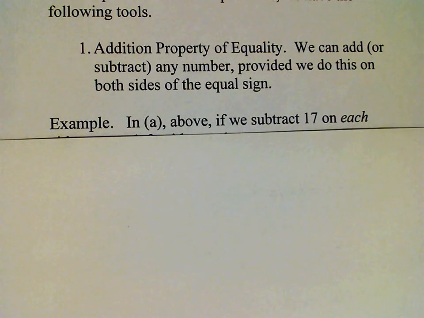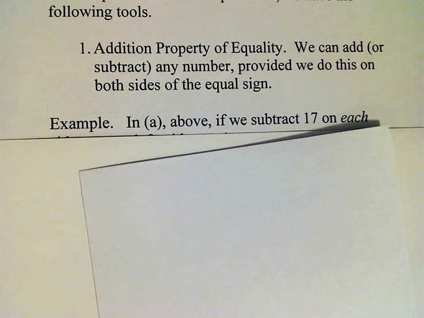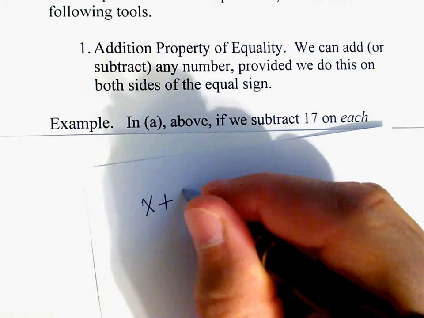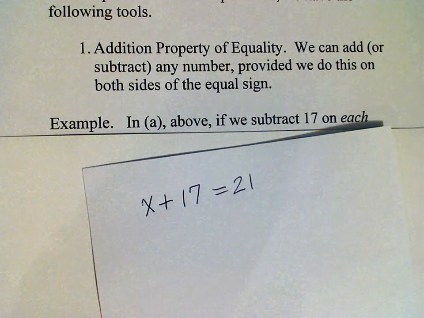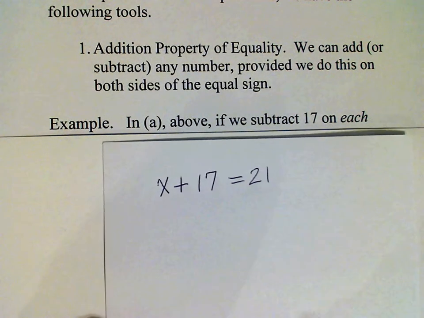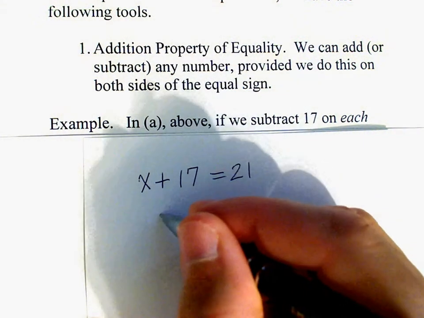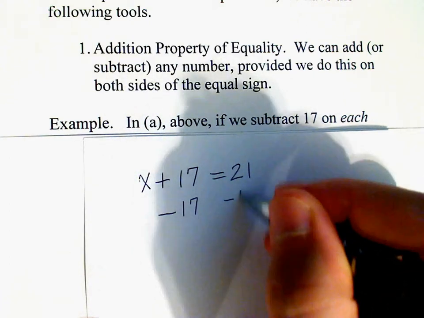So let's go back to example A. In example A, we had x plus 17 is equal to 21. So, bearing in mind our goal, which is get the variable by itself, we use the addition property by subtracting 17 on each side of the equation.